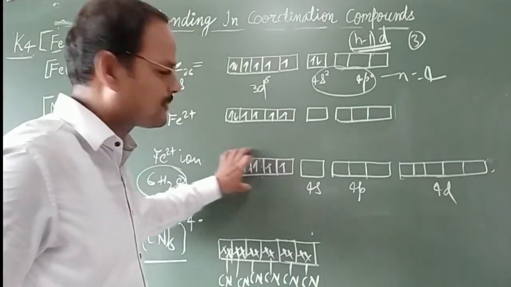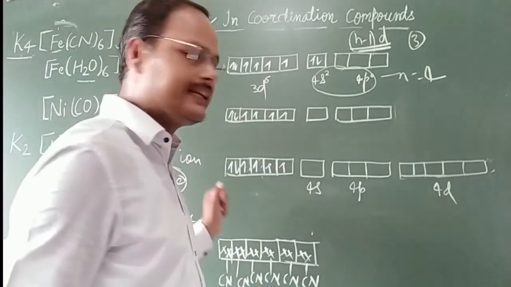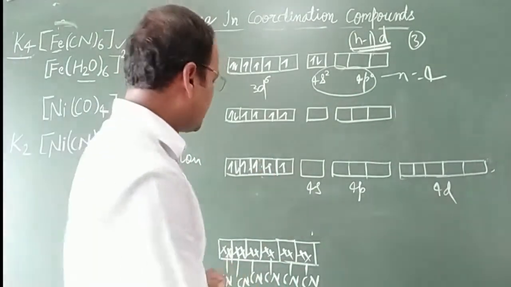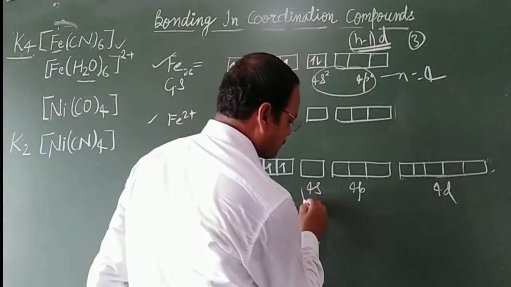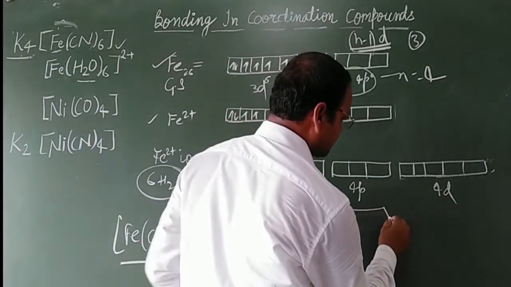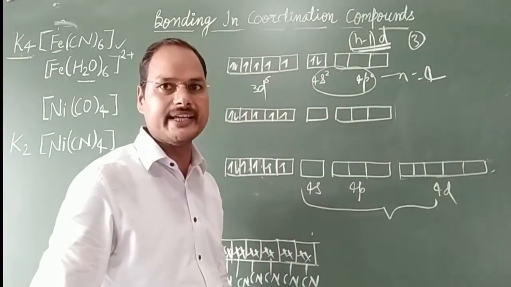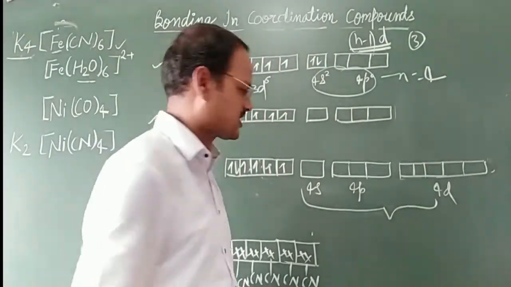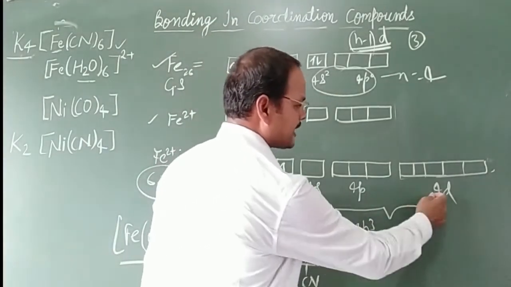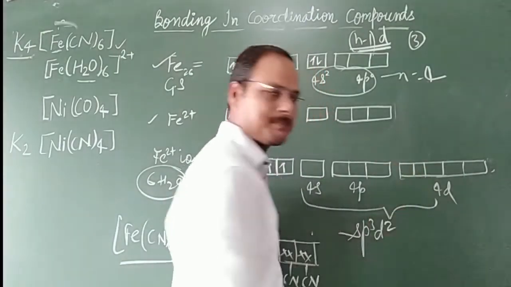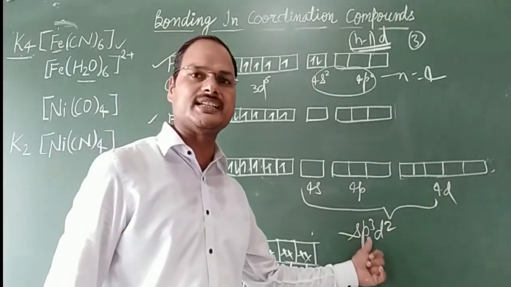That's why these orbitals will remain as unpaired because of weak ligand H2O. Now, to form such type of compound, this one s orbital, these 3 p orbitals and 2 orbitals from 4d will take part in the hybridization. It means 1s, 3p and 2d orbitals will take part in the hybridization. It means hybridization will be sp3d2.